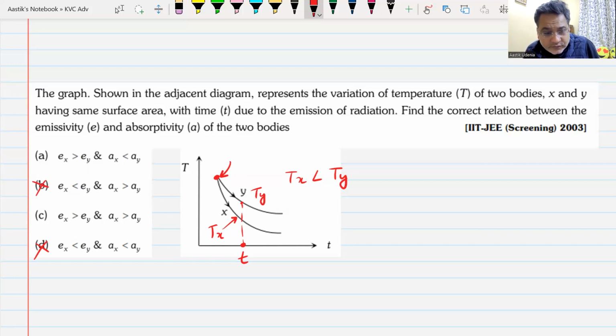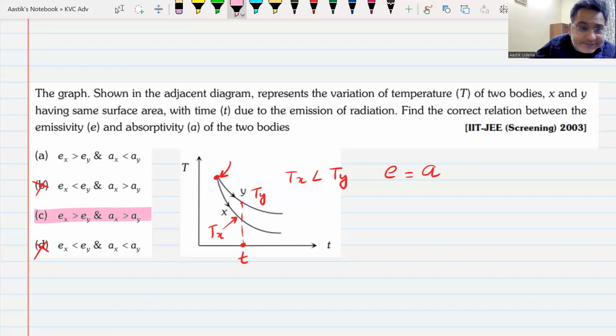Yes or no? Yes, sir. Now I have already told you that emissive power E is equal to the absorptive power A. Yes or no? Yes, sir. If emissive power is more, then the absorptive power is also more, and the correct answer is option C. Option C is the answer, my dear friend.